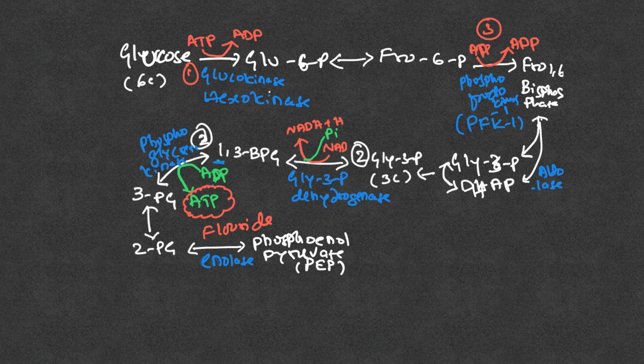So fluoride in the toothpaste inhibits bacterial enolase, unlike human enolase. Human enolases are not inhibited. Bacterial enolase is inhibited. That means glycolysis is inhibited. That's why bacteria won't be able to generate sufficient ATPs, and thereby they won't be able to multiply. So that's how bacterial inhibition can be done to prevent oral cavities, or dental caries.